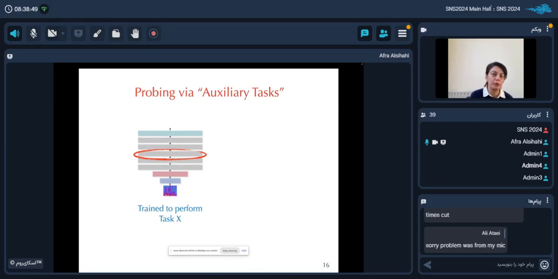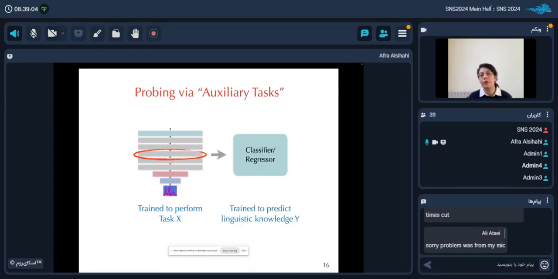For example, you keep track of all of the activation vectors on layer 2 of this model when you feed all the input items one by one. And then you use these activation vectors as an input to a classifier or a regressor, some simpler model that is supposed to decode the linguistic knowledge of type Y that is interesting to you.